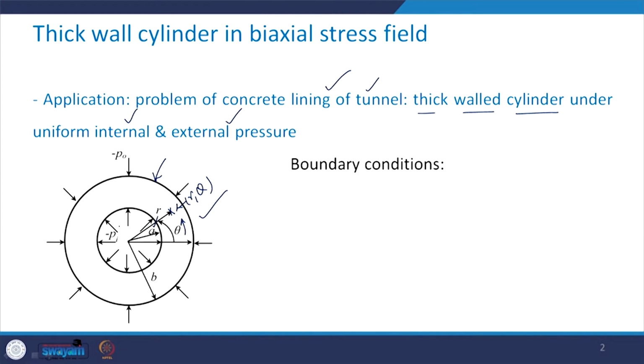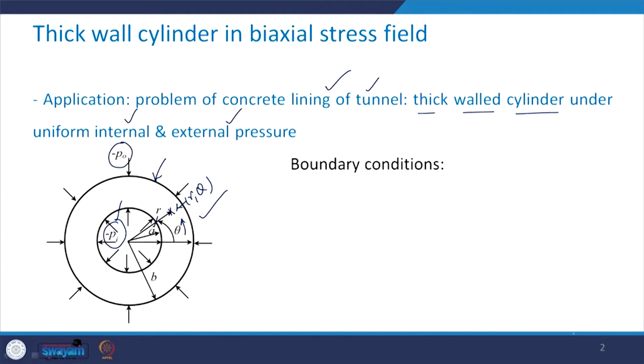Internal pressure is being denoted by Pi. There is a negative sign associated with it, and the external pressure is denoted by minus P naught. Let us take a look at the boundary conditions.